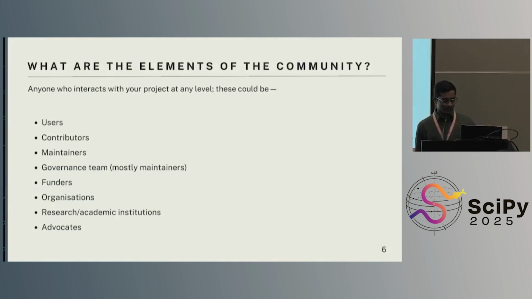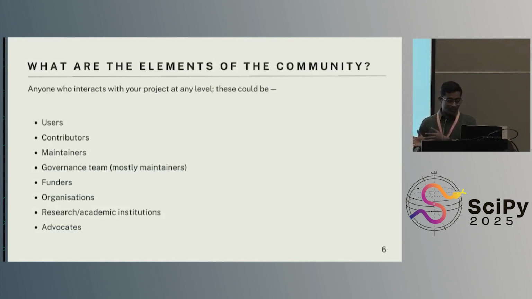These could be users, contributors who regularly contribute or who are occasional contributors. These could be maintainers, who are the people driving your project maintenance. Governance team: in this community we mostly see people who are maintainers. They govern the project, but there are some projects which have a governance team different from the maintainers.